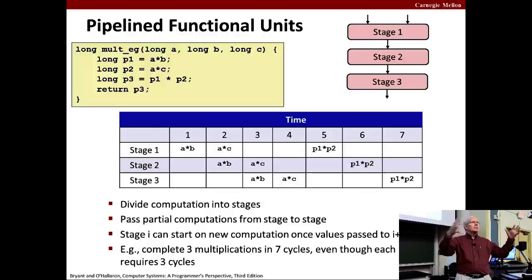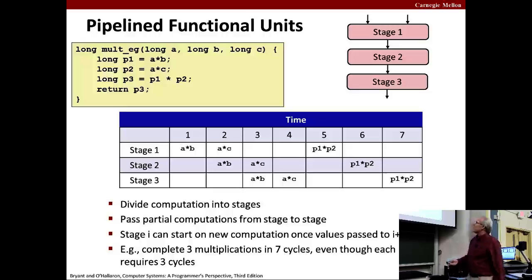You can take something like multiplication and break it up into smaller steps that can be done one after the other. If you have separate dedicated hardware for each of those stages, then you can do what's called pipelining, which is when one operation moves from one stage to the next, a new operation can come in behind and start its thing.